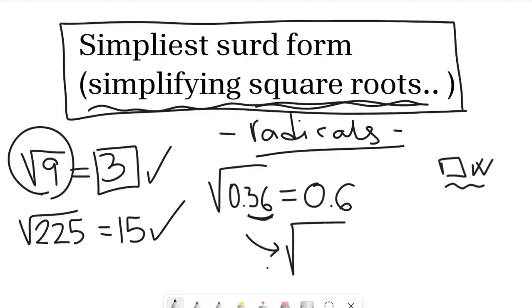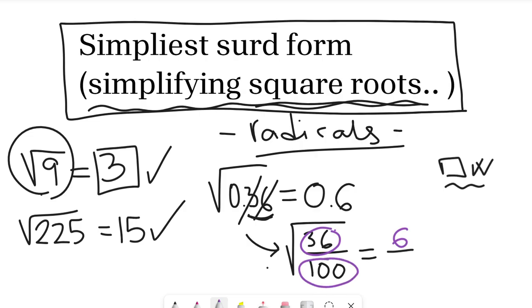But there is another way to do this. If we have, for example, 0.36, how do we write that as a fraction? We copy 36 and we write 1. How many digits do we have after the point? 2 digits, so we put 2 zeros. All right. Let's answer this quickly. What is square root of 36? 6.